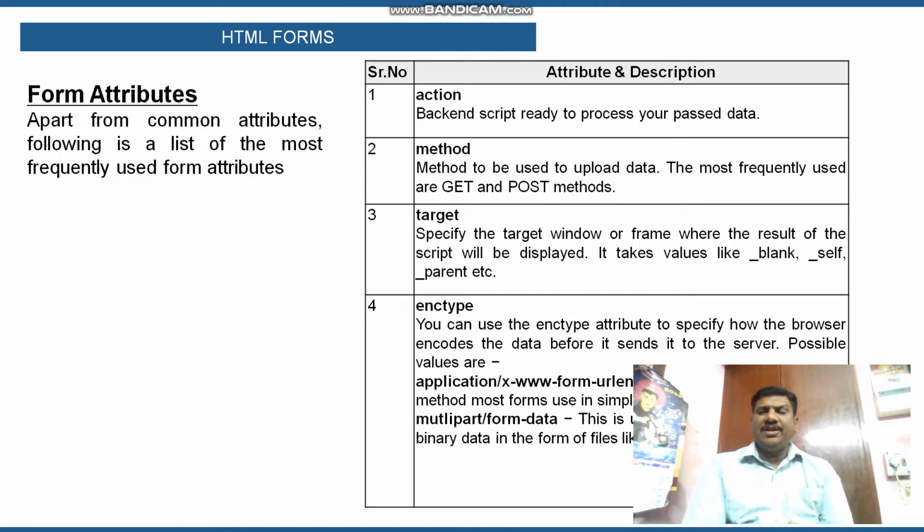Either in a new page, or on the same page, or on the parent page. That is the target, where the form result has to be displayed. Then comes the encryption type, which is the code using which the data has to be encrypted. So these are the attributes of the form.